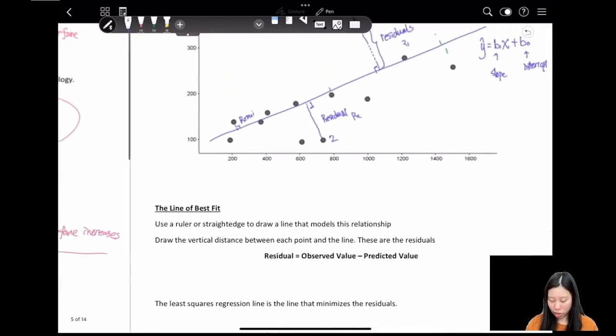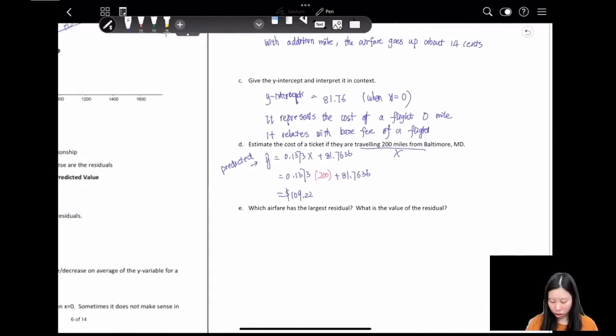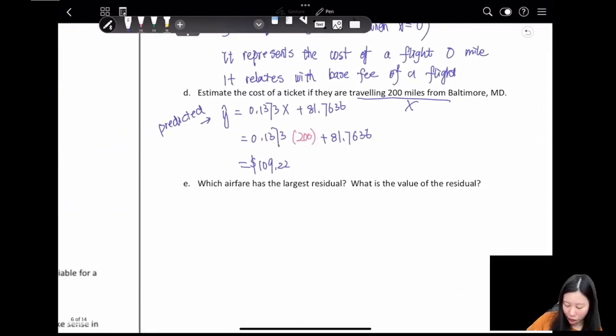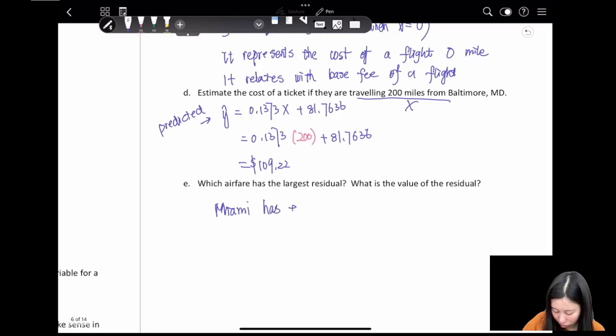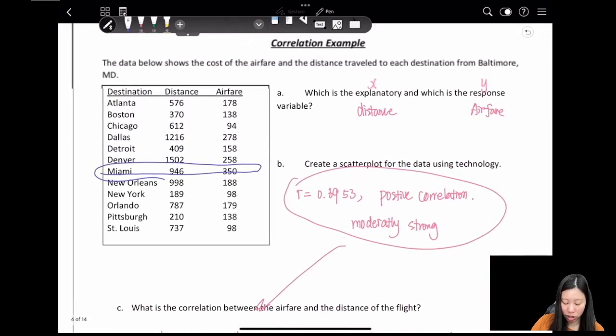So we know that Miami has the largest residual. And then now let's do it. So the distance from Baltimore to Miami is 946, right? It's given on the chart in here. The distance is 946.